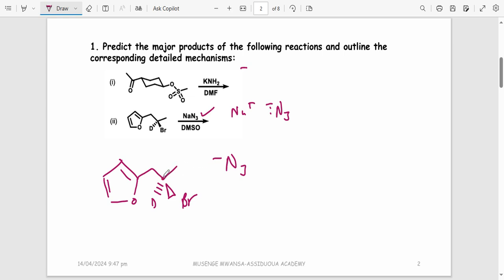But then look at this carbon here. Is it a primary, secondary, or tertiary carbon? Look at how many other things are bonded. Yes, please. Okay. So this carbon, apart from the bromine itself, is bonded to other things.